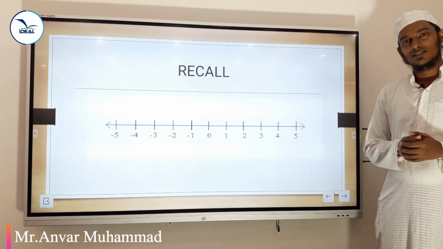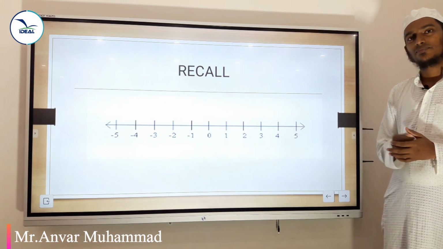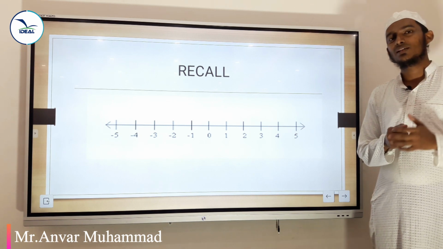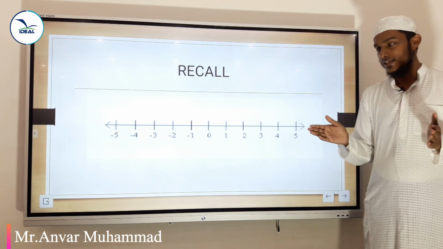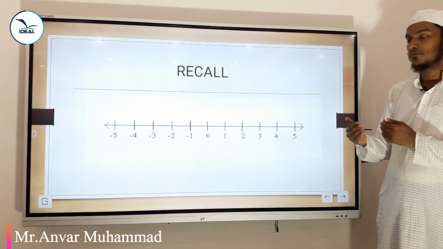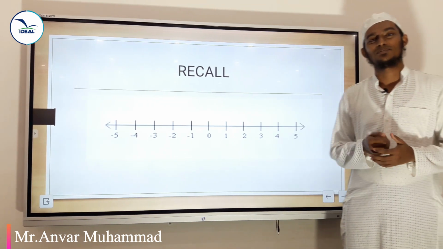What happens when we move to the right? Yes, you might know the answer. When we move to the right, it is increasing, and when we move to the left, it is decreasing.